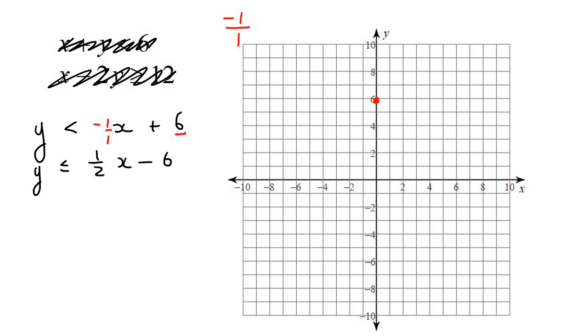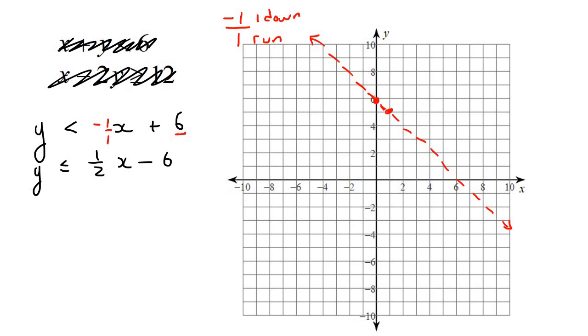So what that means is that we're going to go 1 down, because that's the rise, and the run is 1 to the right. So we're going to go 1 down, 1 to the right, over there. Okay, now if we look here, it doesn't have a solid line, so it's a dashed line. So we're going to use a dashed line. There we go.